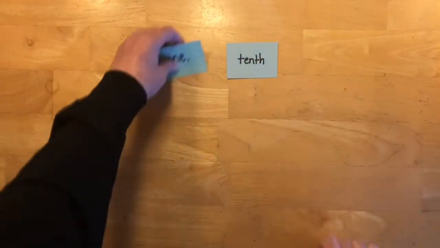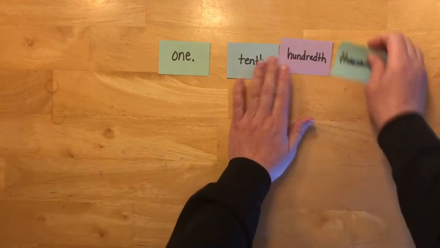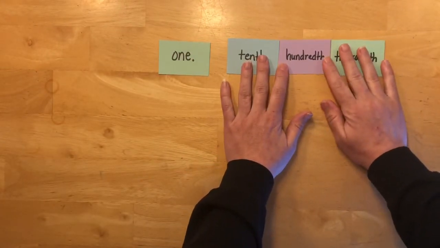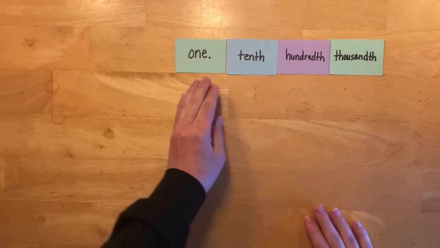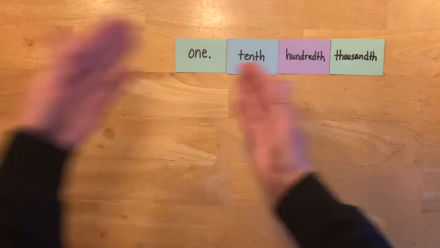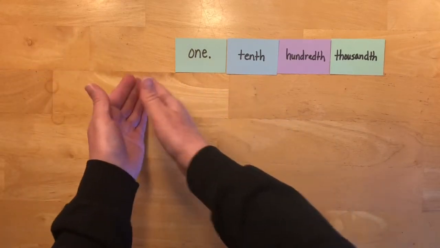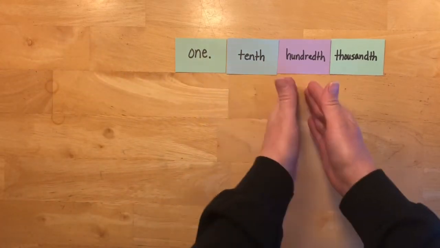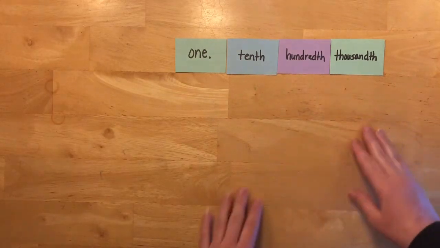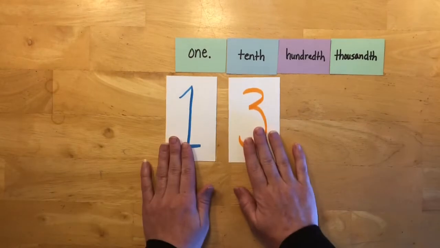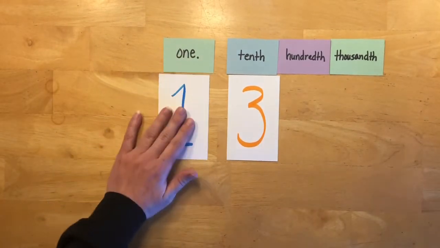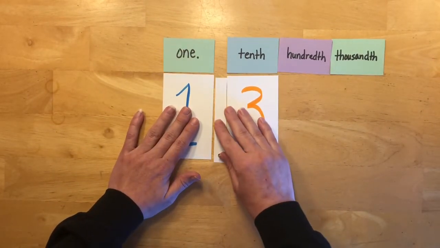So now that I've reviewed with you how to read a whole number, we are going to discuss reading a decimal. So we've talked about the place value order, and it actually looks like this. It has ones, then it goes opposite of what it was on the wholes. So tens were here, so therefore it's tenths, then hundredths, then thousandths column. So I'm just going to pull a couple of place value cards, and I'm going to place them in here. Now I obviously made my own decimals to go with them.